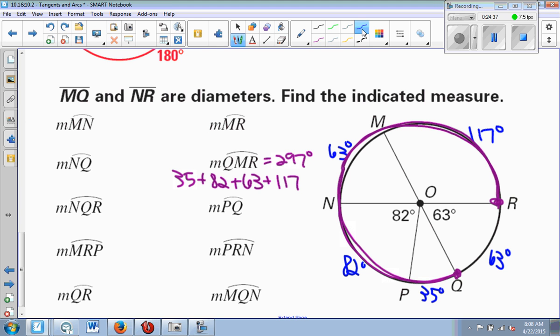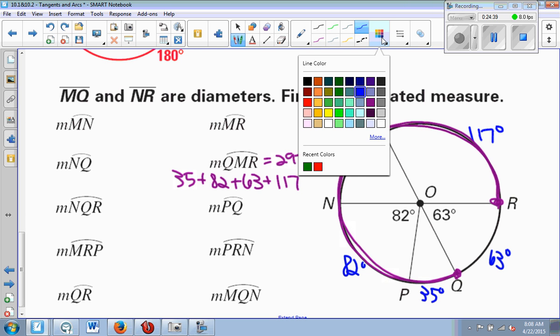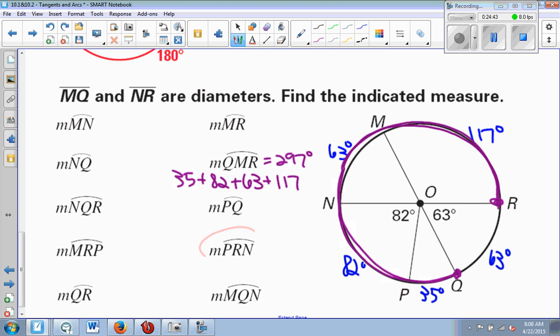Just one more example, and then we'll be done. If I do an arc like this one, PRN, we start at P, the first letter we go to is R, and then all the way around to N. So again, that's a major arc, and I've touched 1, 2, 3, 4 different arcs. To find that measurement, all I'm going to do is add up the arcs that I've touched.